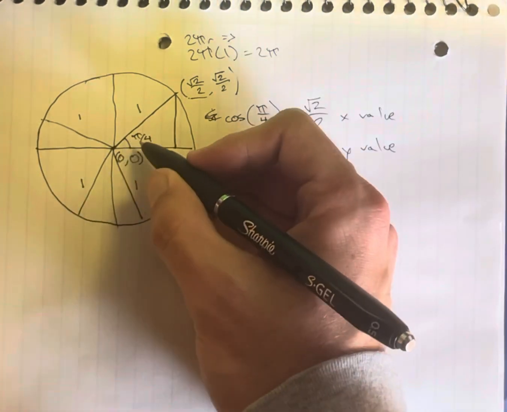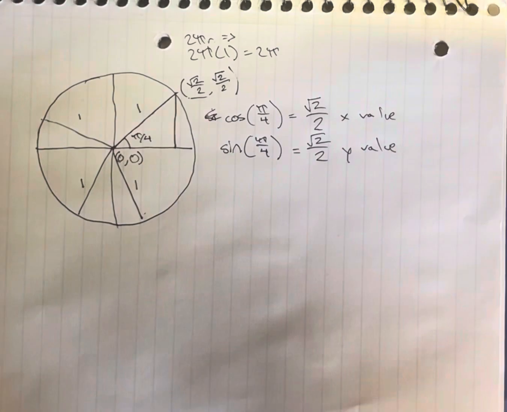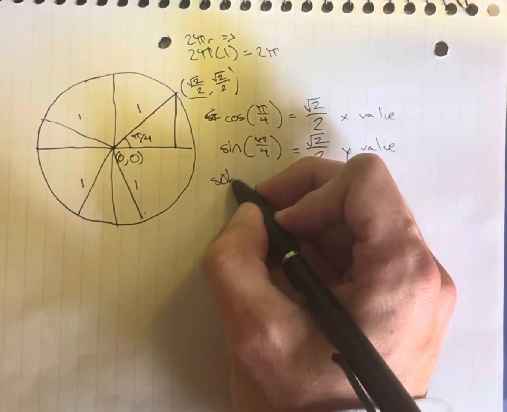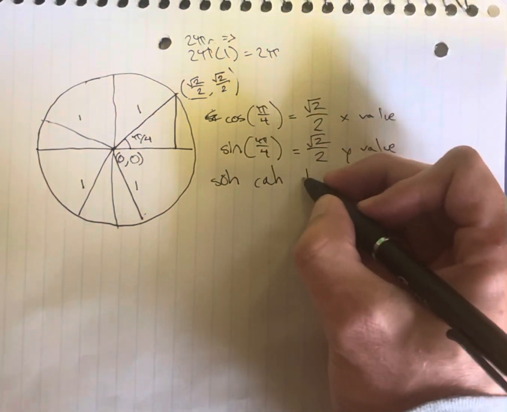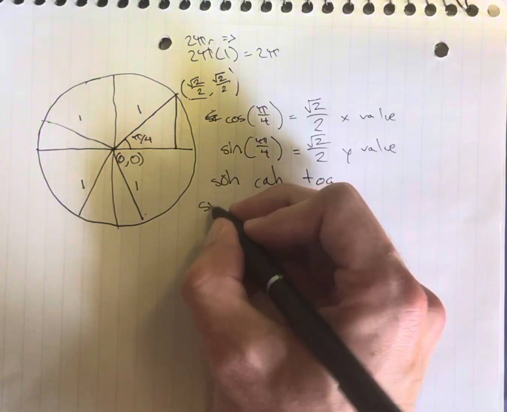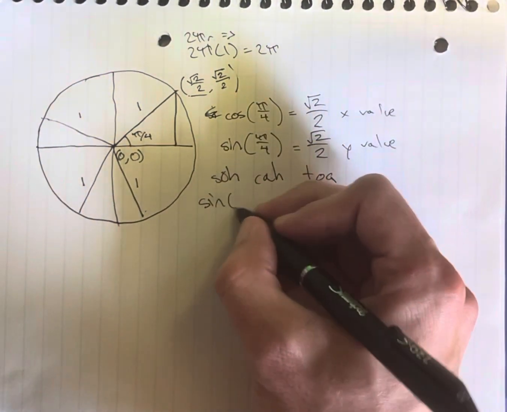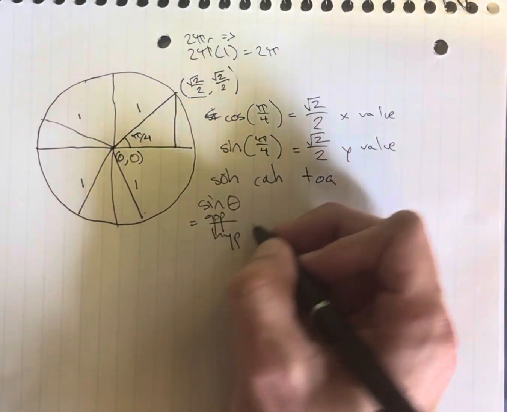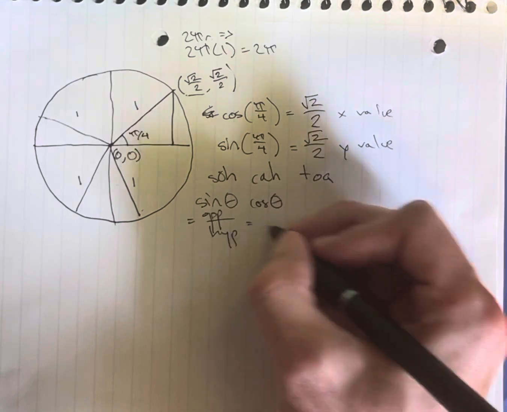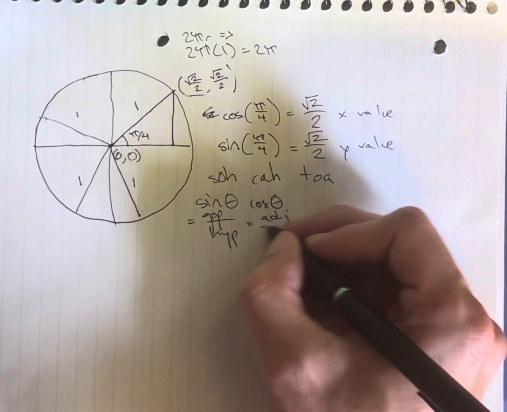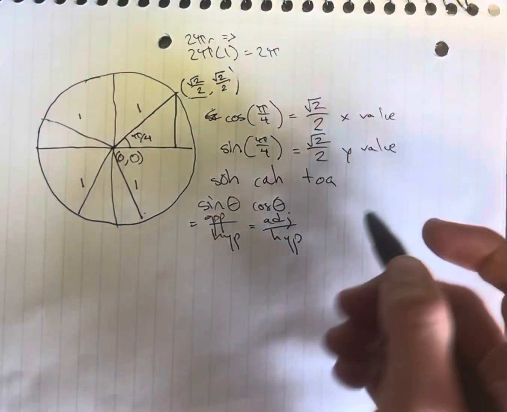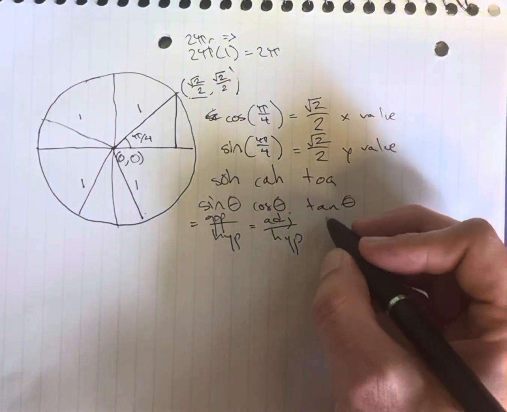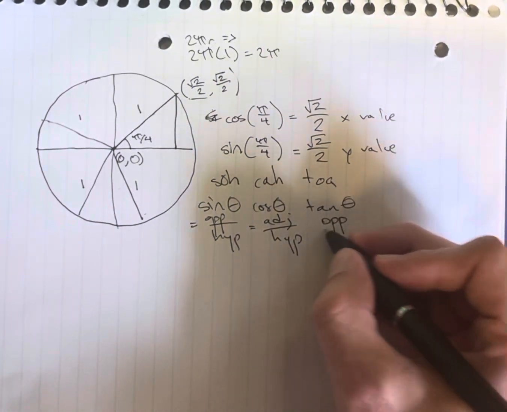And when you're taking the sine or cosine of an angle, that goes back to where sine of an angle is going to equal opposite over hypotenuse, cosine of an angle equals adjacent over hypotenuse, and while we're not going to be using it in this, tangent of an angle is opposite over adjacent.